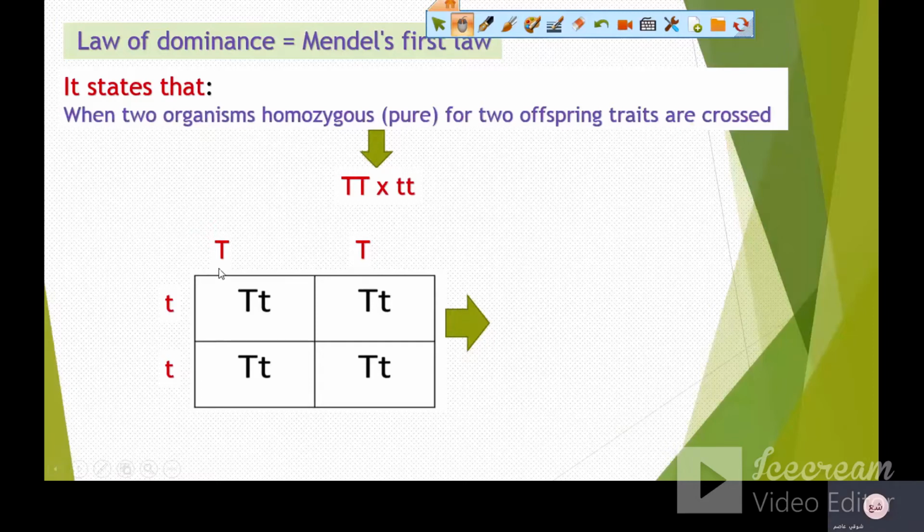Let's cross them together. So T capital with T small will produce T capital, T small. And here too, T capital, T small. Again, T capital, T small. Finally, T capital, T small will be produced.